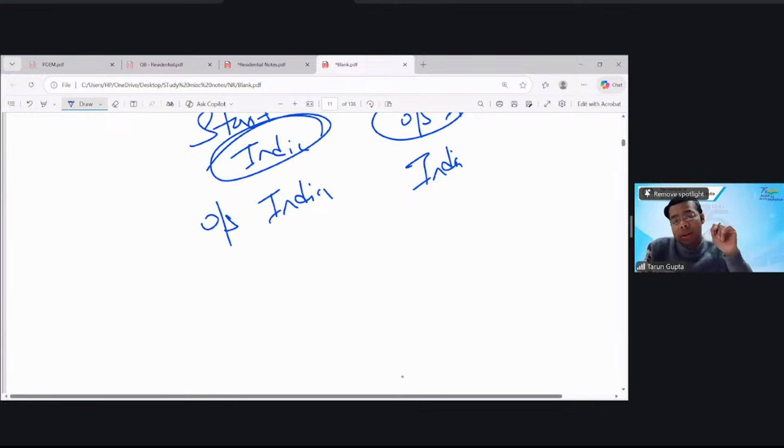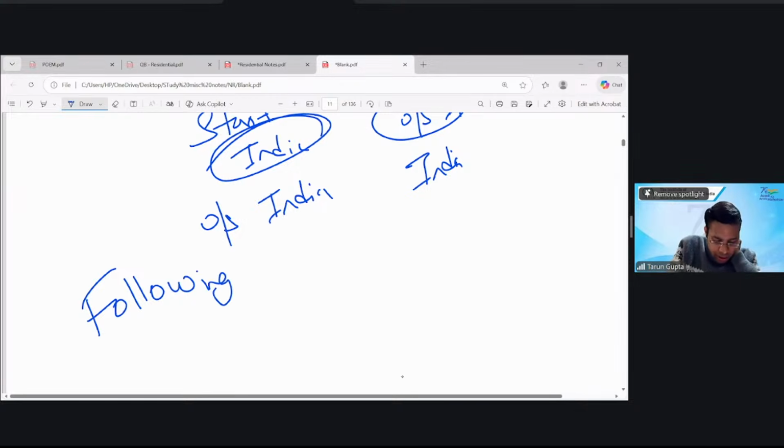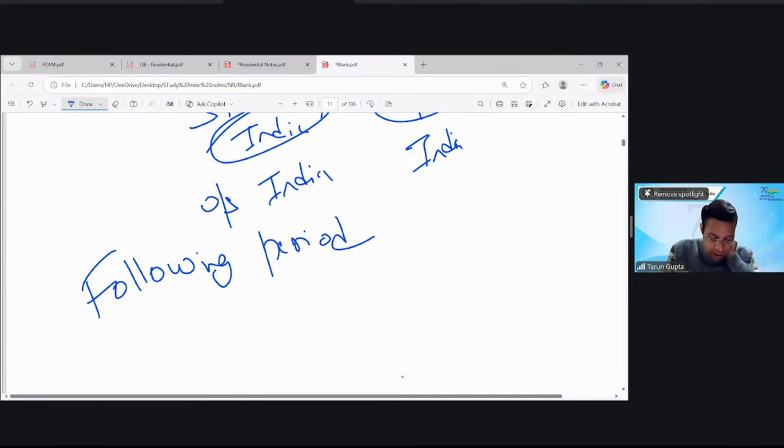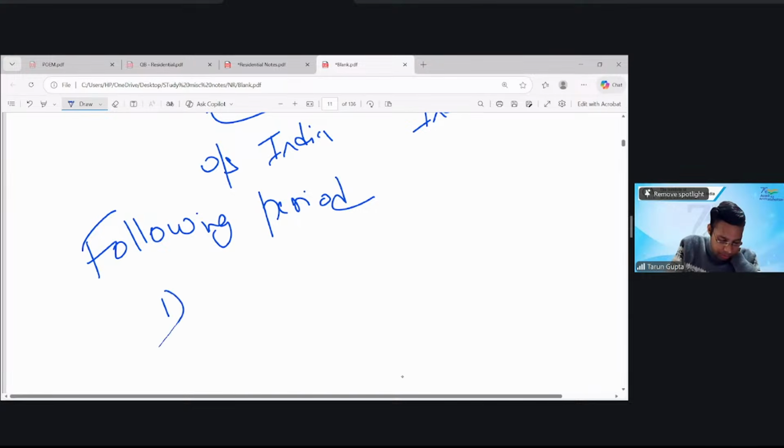So if the ship is roaming in international traffic between India and outside India, and you join as a crew member of such a ship, then the following period shall not be deemed to be stay in India. Which period? The period starting from the date mentioned in the CDC, Continuous Discharge Certificate. It's a certificate provided to every crew member, with all the details while he was in the ship.